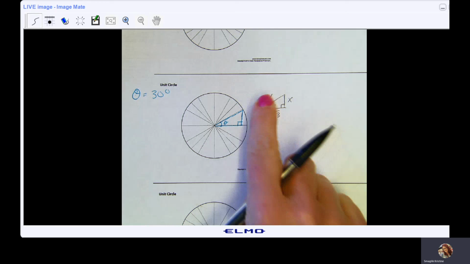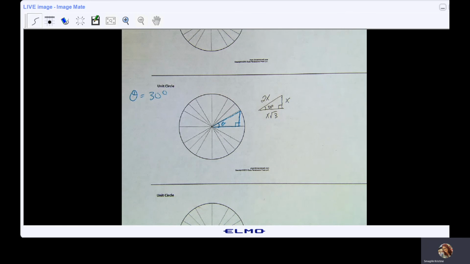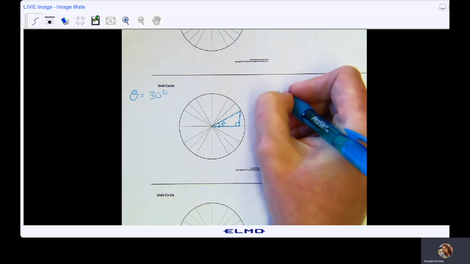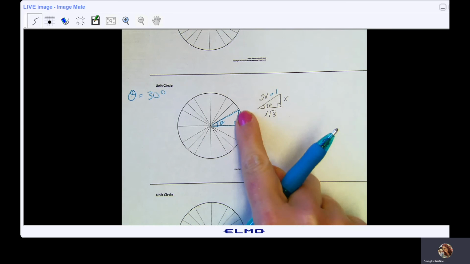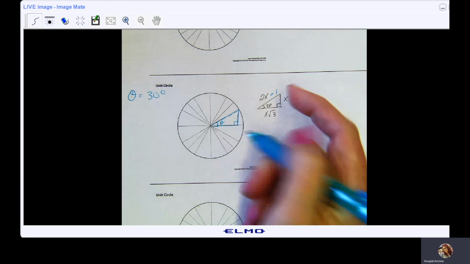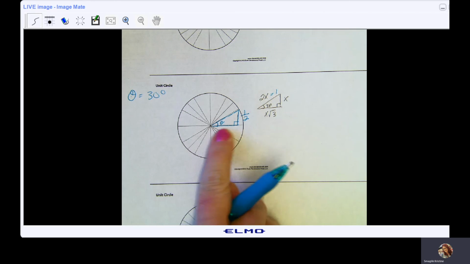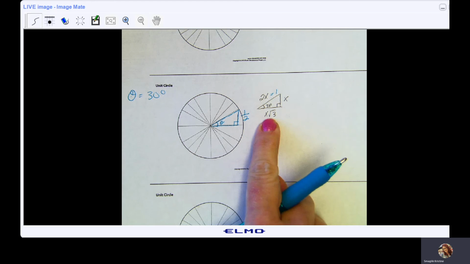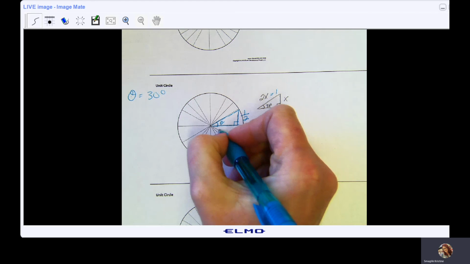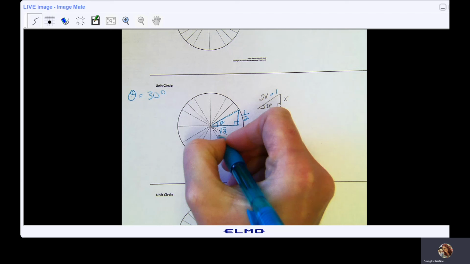Well, we just did this. So we know that the hypotenuse is 1, which means now here's my short side, so that is 1/2. And now my long leg is going to be 1/2 times the square root of 3. So now we are at square root of 3 over 2.